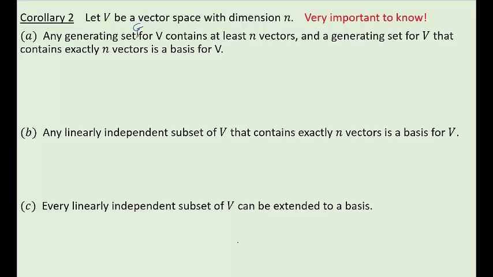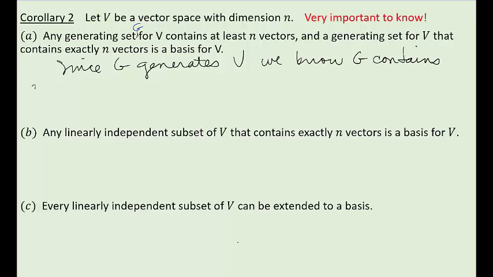Well, this is just a result of Theorem 1.9. Since G generates V, we know G contains a basis beta for G. Well, that means that the order of beta, which is n, is less than or equal to the order of G, using the terminology of group theory.